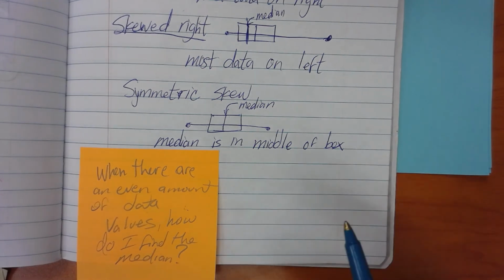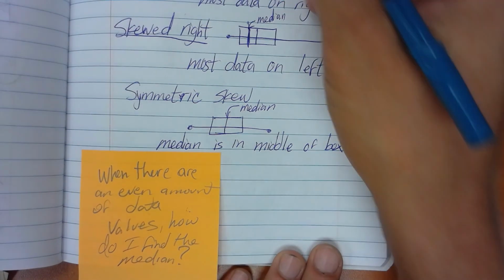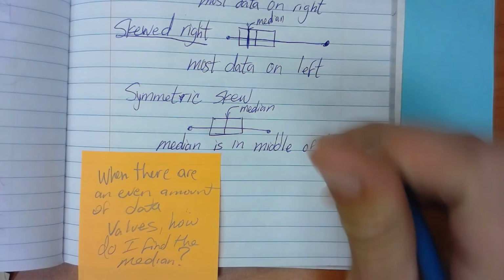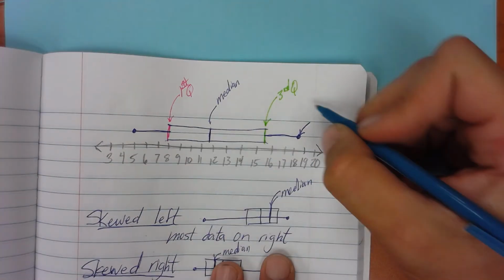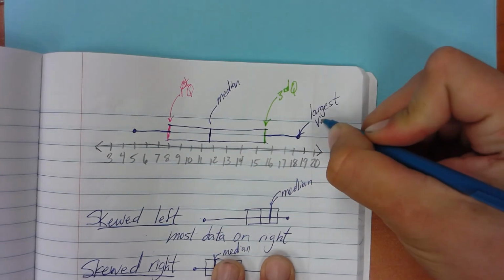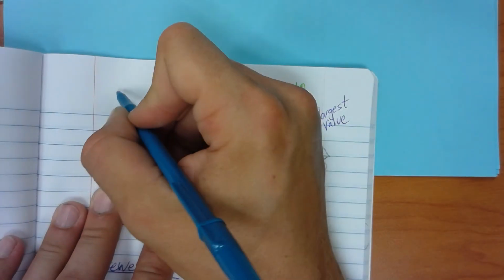Okay, the box and whisker will give you, go back up here to give you a couple other labels. This is the largest value. This is the least value.